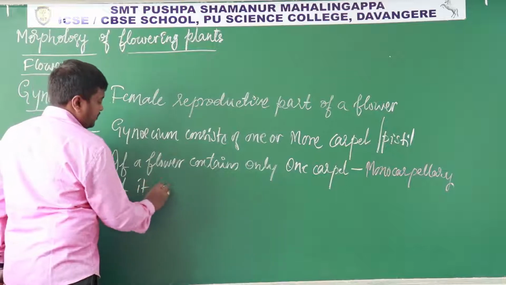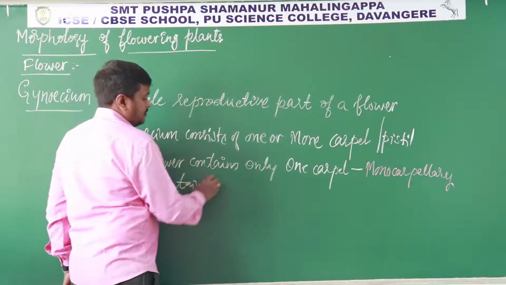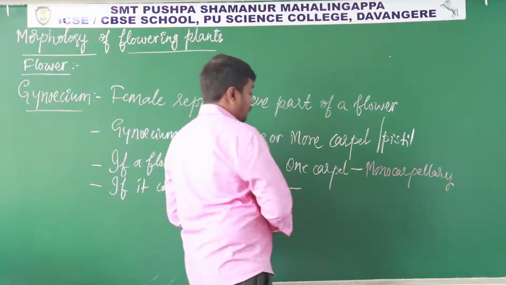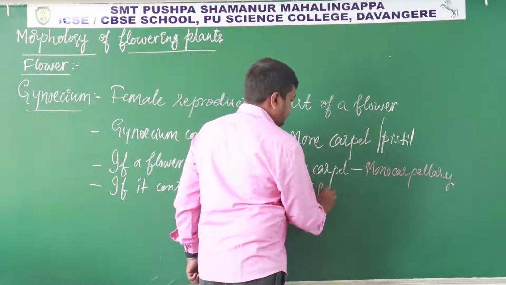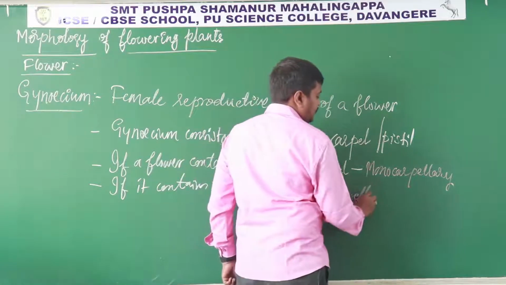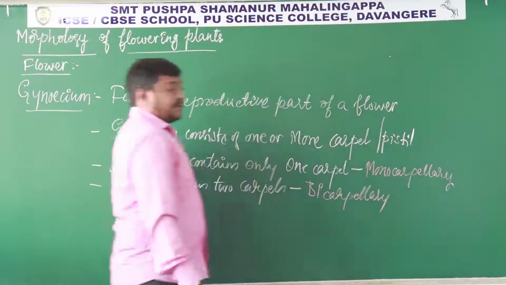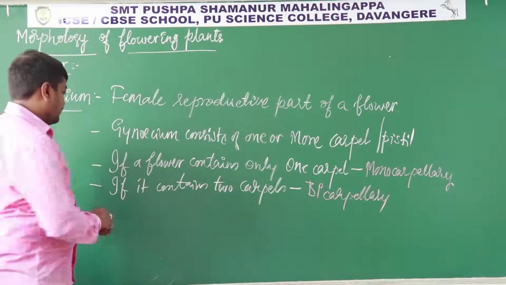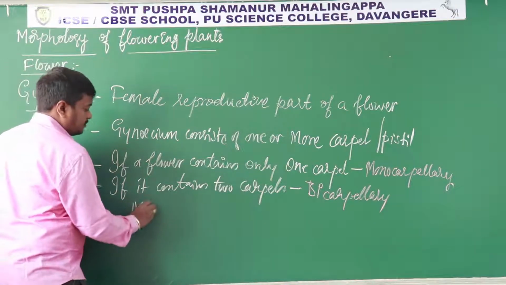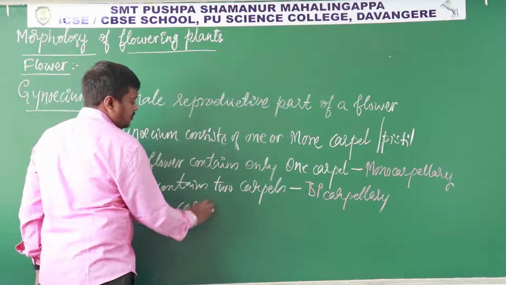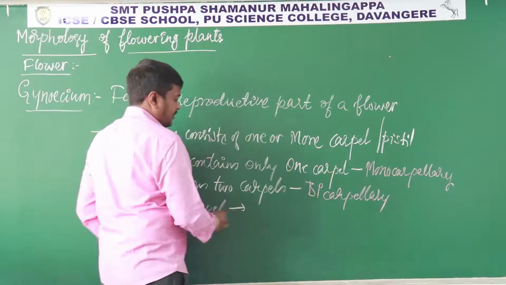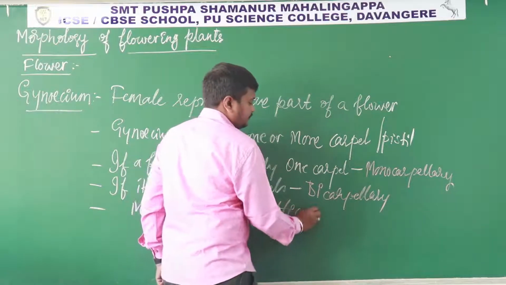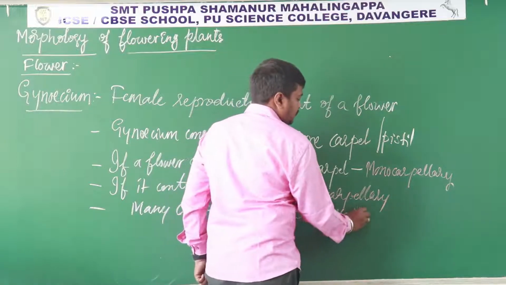If it contains two carpels, it is called bicarpellary. Three carpels, tricarpellary; many carpels, polycarpellary or multicarpellary.